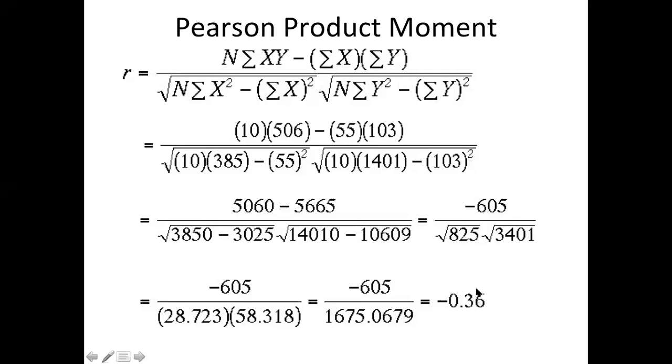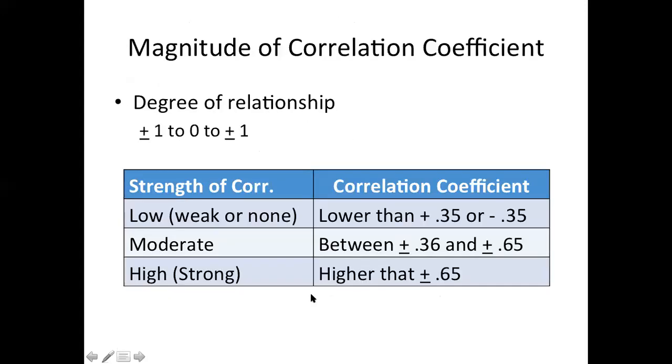So when you look at the category, the magnitude of this belongs to moderate, and it's negative. The correlation is negative, which means the direction is opposite. When one variable is high, the other variable will be low.